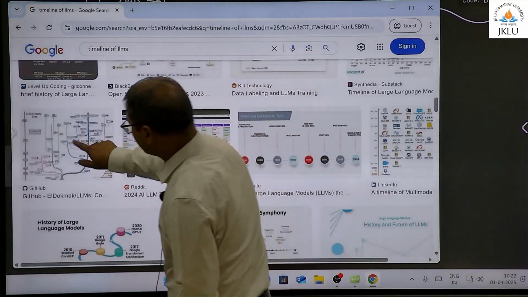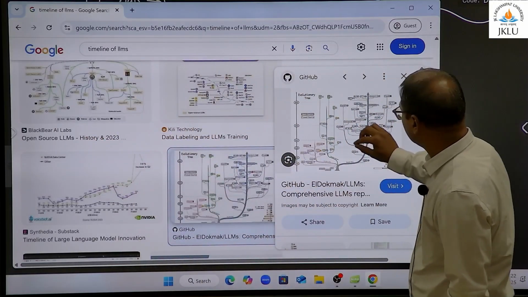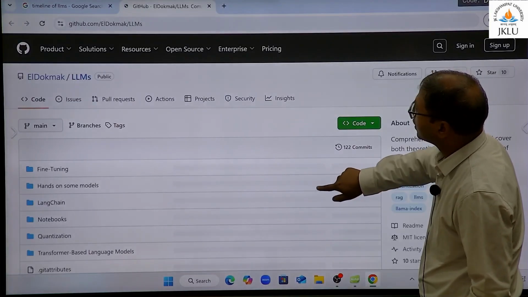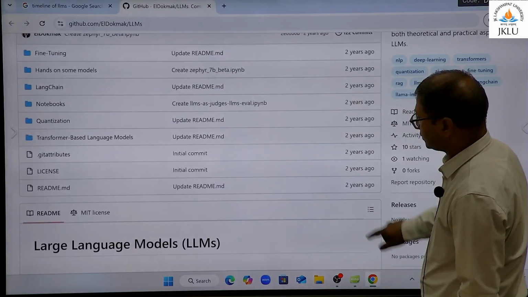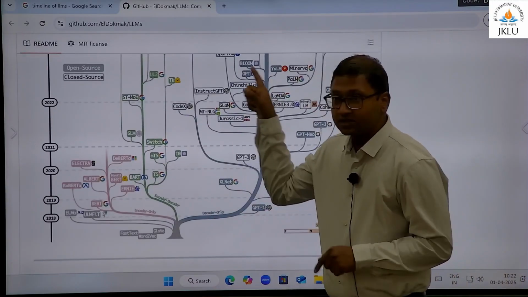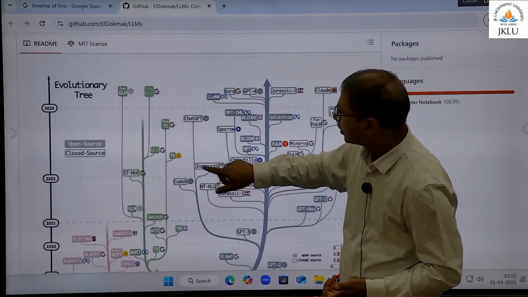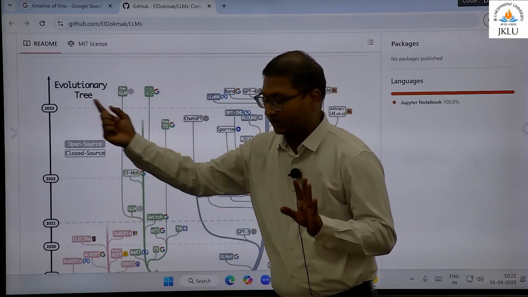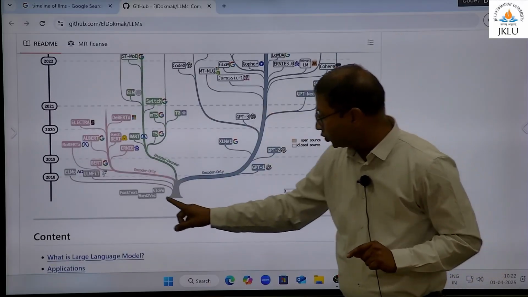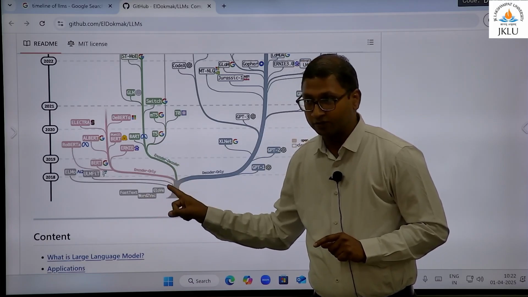If you see this figure, this figure became very famous. This is the tree of large language models until the beginning of 2023, and you see this has already exploded. But if you look at the roots, you see FastText, Word2Vec, Glove.